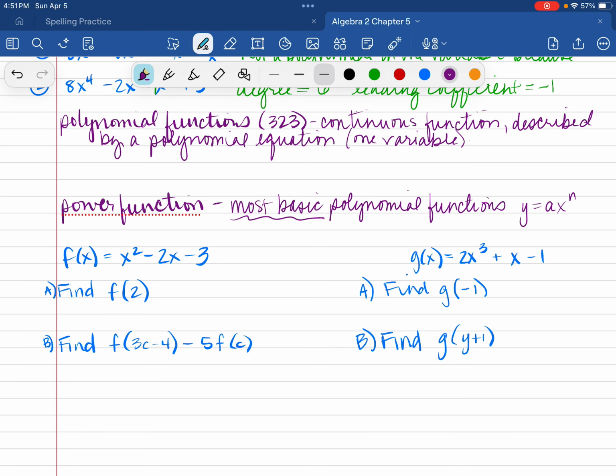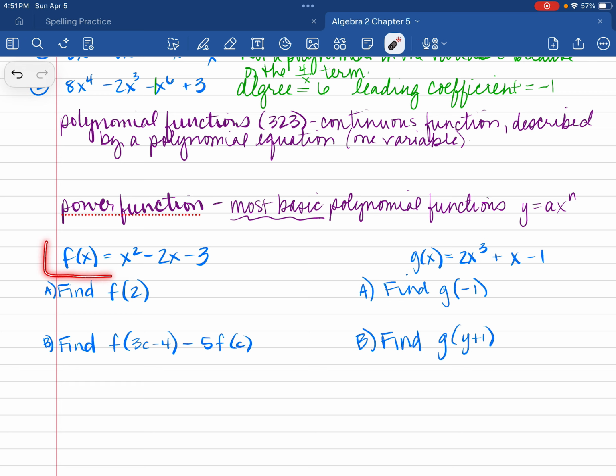So part A on both of these is the simpler version, where you have this function f of x equals x squared minus 2x minus 3, and we use function notation so that we can identify what function we're plugging these into. Okay, g of -1 means I'm going to plug it into the g of x function. F of 2 means I'm plugging it into the f function.